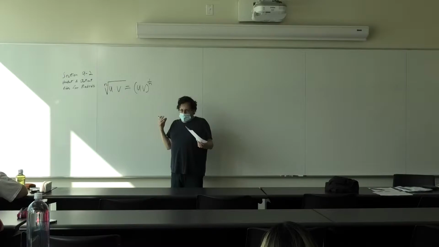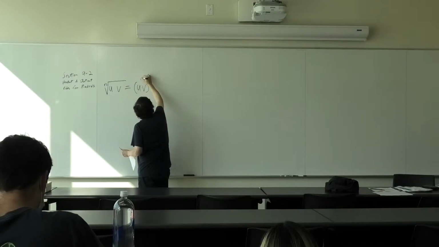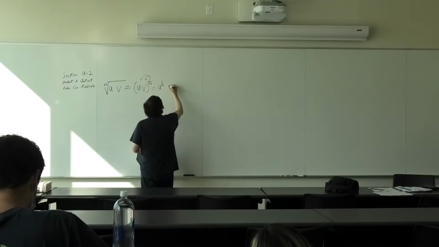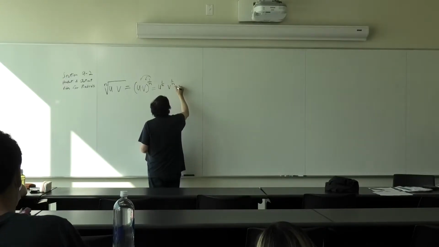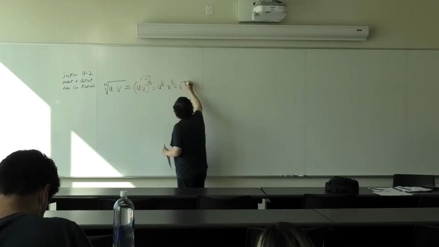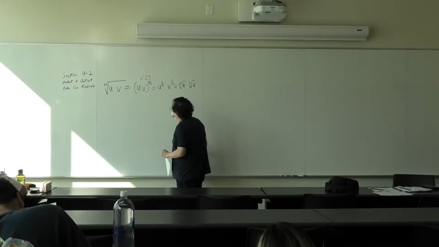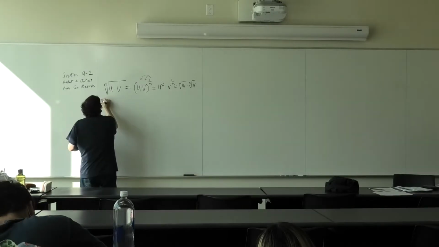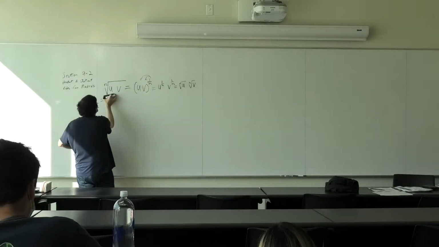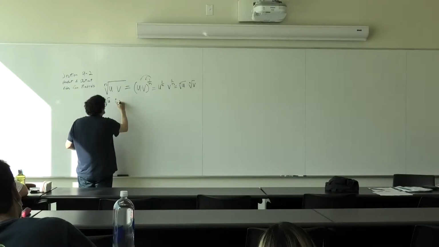But because of our rules of exponents, I can distribute this 1 over n. So this is u to the 1 over n times v to the 1 over n. And these, again, we can convert back. This is the nth root of u times the nth root of v.